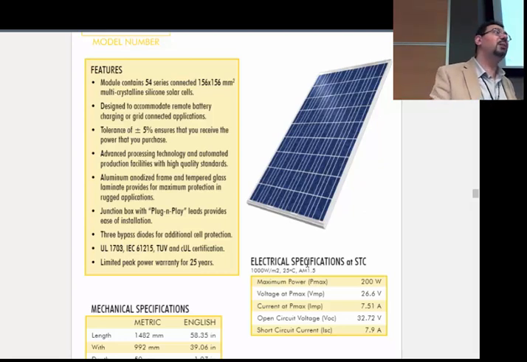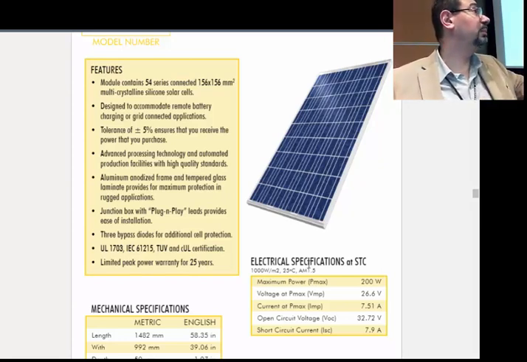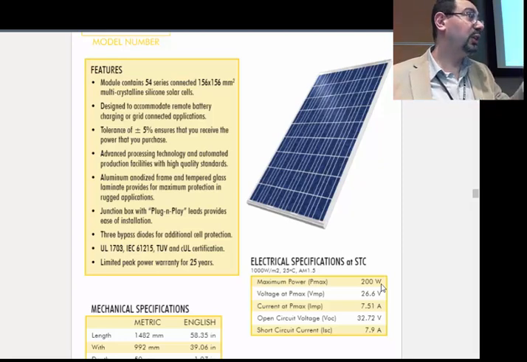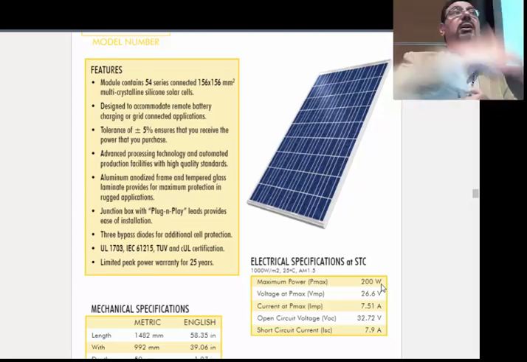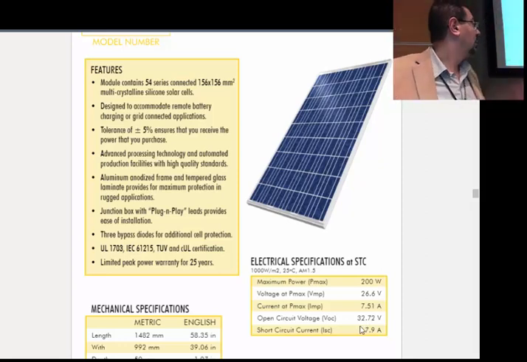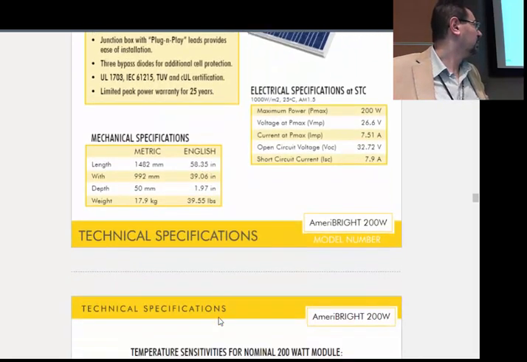So you need 26 times 2 to get that 26 volts. And now how many in parallel depends on the power that you want to generate. So you calculate the power of each one, and you say, well, then I need 2 rows, not just 1 row, or 3 rows, or 4 rows. This is the dimension, and that's what it will take on top of your roof.